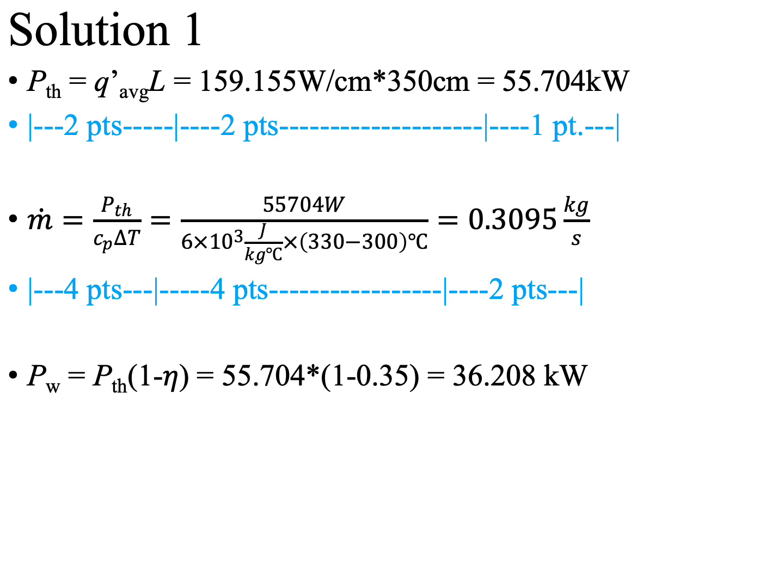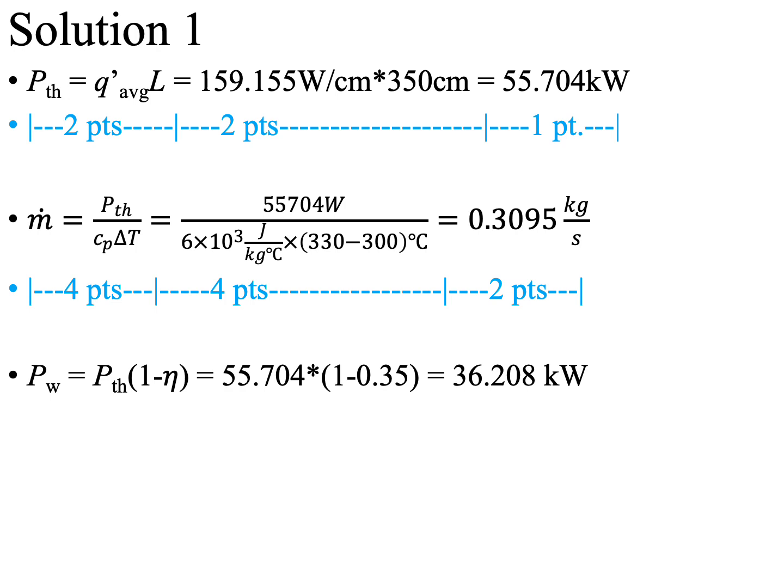For the first problem, problem 1a, you know the average thermal power of one fuel pin, which is 159 watt per centimeter. You also know the total length of this fuel pin, and the question asks for the total thermal power of this fuel pin.